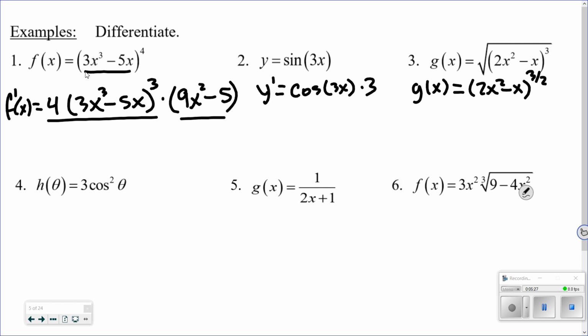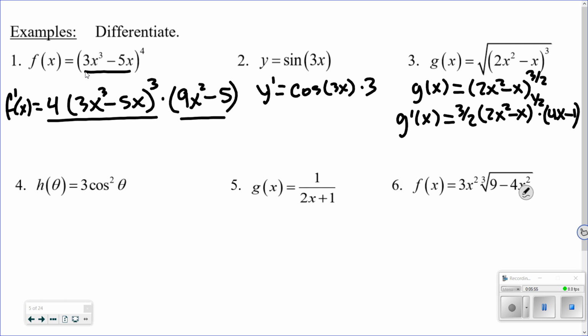My inside function is 2x squared minus x. So take the derivative of the outside. The 3/2 drops down, 3/2 times 2x squared minus x, subtract 1 from the power, times, now we have to multiply that by the derivative of the inside. The derivative of 2x squared minus x would be 4x minus 1. And I'm done.